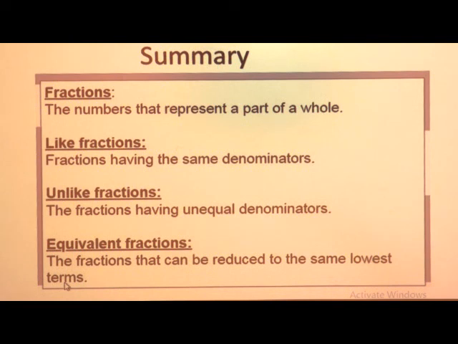We use the divisibility rule for division, and multiply, to find out whether the given fractions are equal, that is, equivalent fractions. The word equivalent itself says the fractions we find after converting are equal. The fractions that can be reduced to the same lowest term are called equivalent fractions.